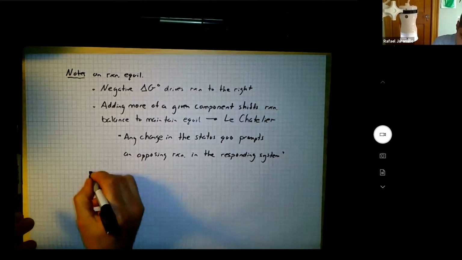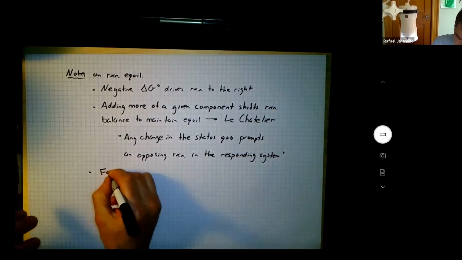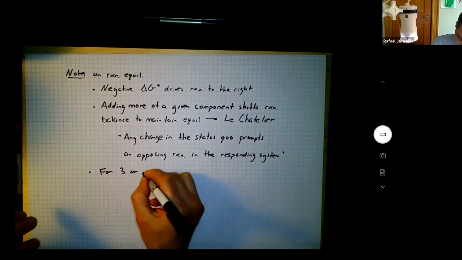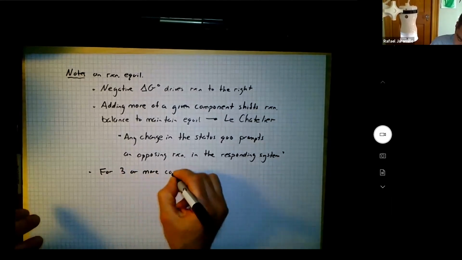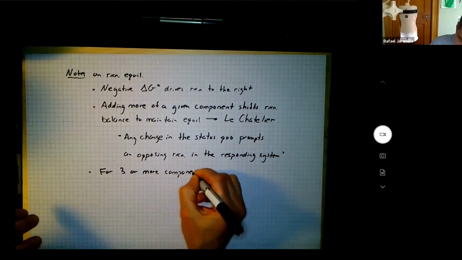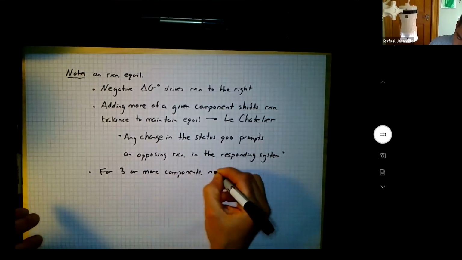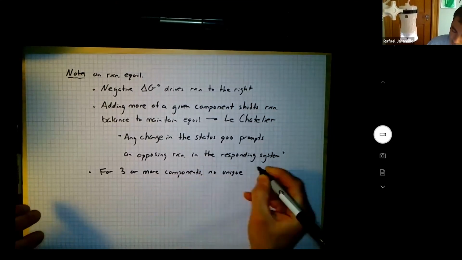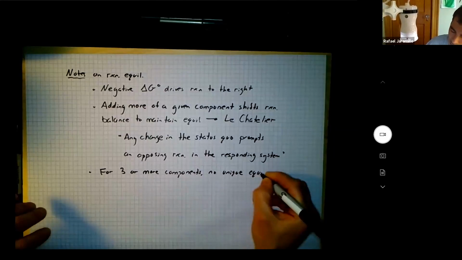And one more thing. For 3 or more components, there's no unique equilibrium condition.